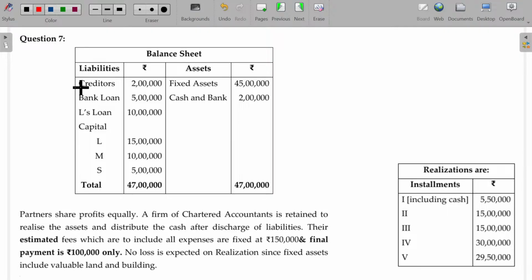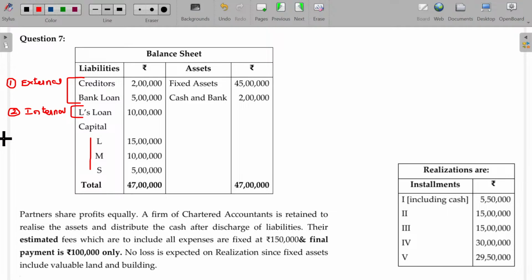In the liability side, we have creditors and bank loan. These are external liability. While making the payment, you have to finish off external liabilities first. L being a partner, he has also given the loan, then it is internal liability, second priority.